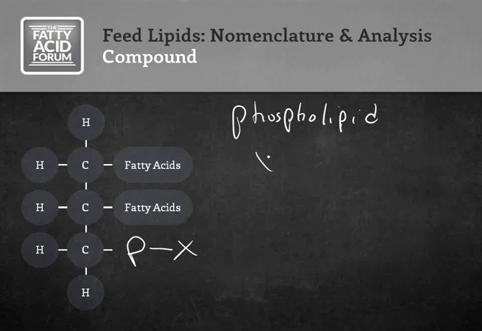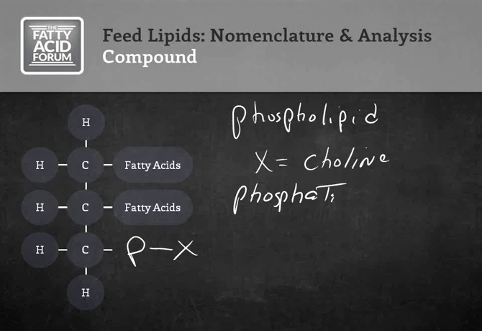Now, attached to the phosphorus can also be a wide variety of shorter carbon chain compounds. A common one is the compound choline. It can be attached to the phosphorus to form the phospholipid that's referred to as phosphatidylcholine, or goes by the more common name lecithin.